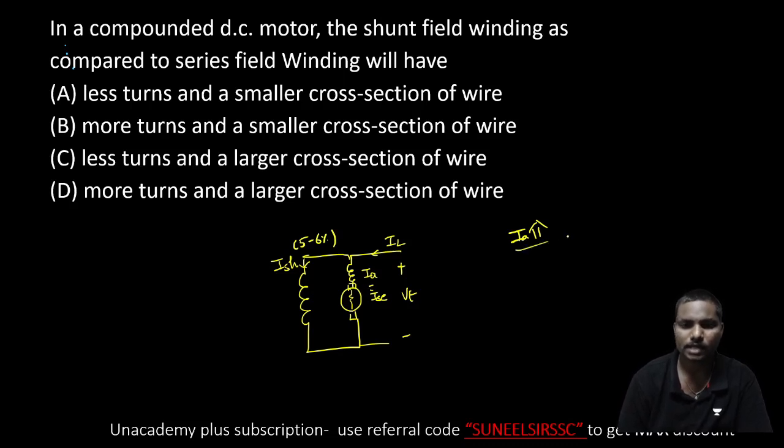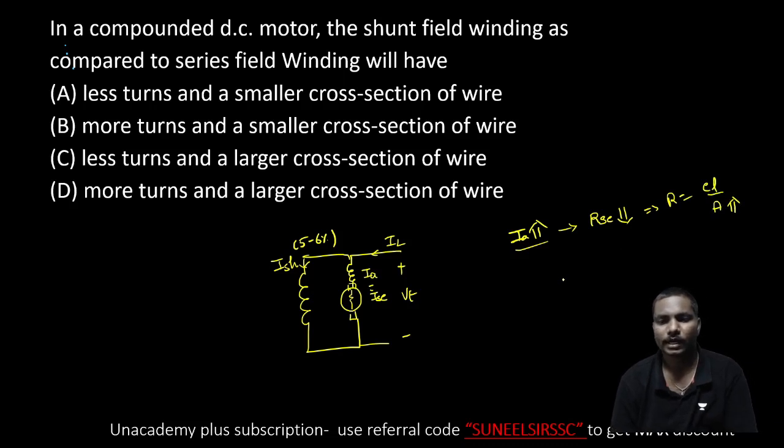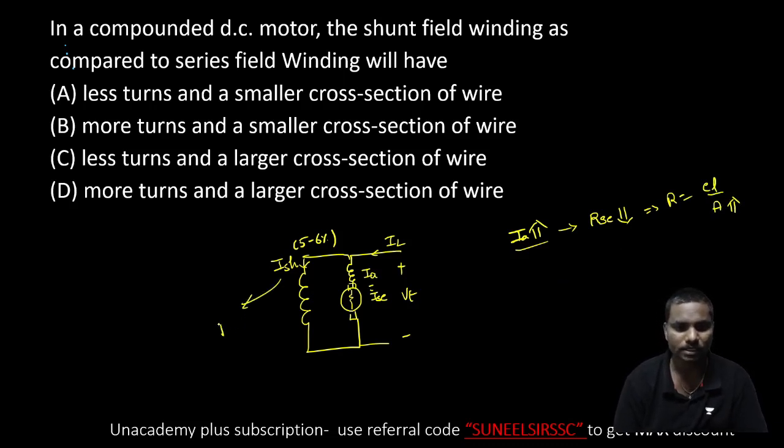So as IA is more, we have to make the series field resistance less. As RS is less, R is equal to rho L by A. If you want to get low resistance, area must be higher. And ISH has to be less, meaning RSH has to be more. To get RSH more, area will be less.